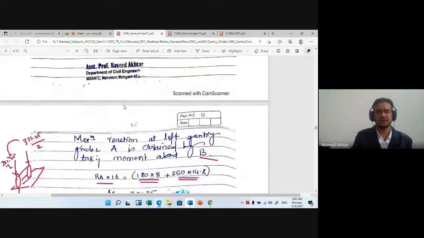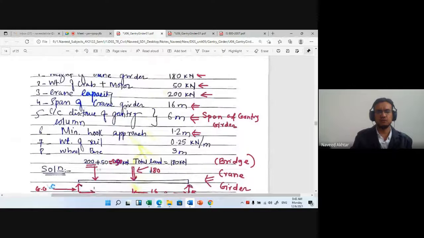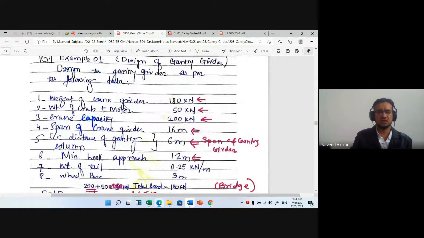But you should understand while writing, just copying is not good. यहाँ पर क्रेन का अगर 180 है इसको 200 कर लो, है ना. क्रेन कैपेसिटी 20 टन है इसको 25 टन कर लो आप, है ना. तो ऐसे आप अपने शेड का गैंट्री गर्डर का डिजाइन करो और वो गैंट्री गर्डर का लोड आपके कॉलम पर आएगा ब्रैकेट के थ्रू.